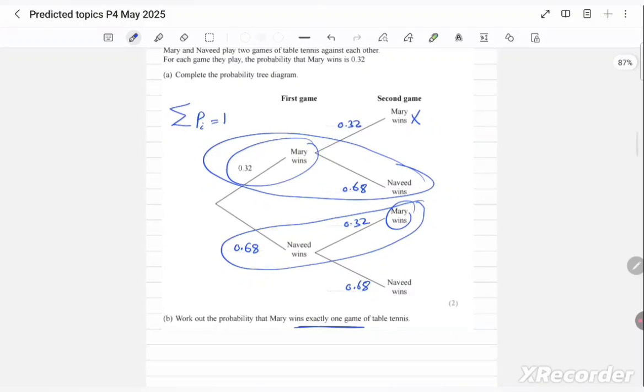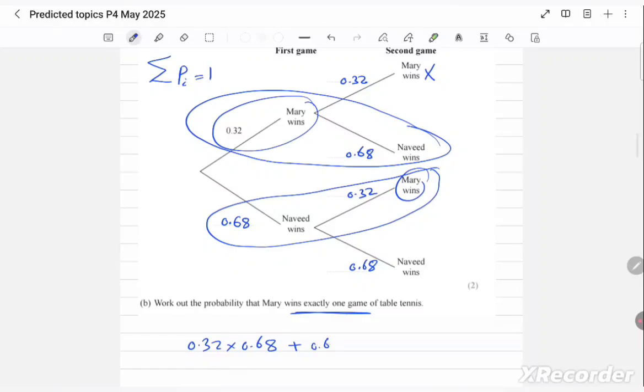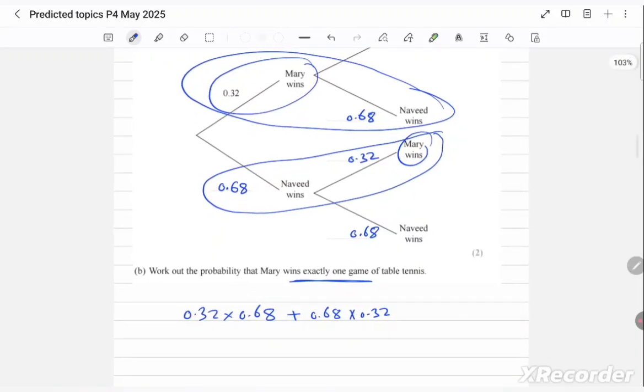So let's take the first branch. Mary wins for exactly 1, which is 0.32 times Navid wins, 0.68, plus the second probability, which is 0.68, he wins, and then she wins, 0.32. Let's calculate this.